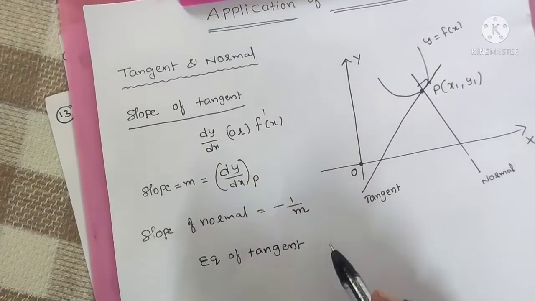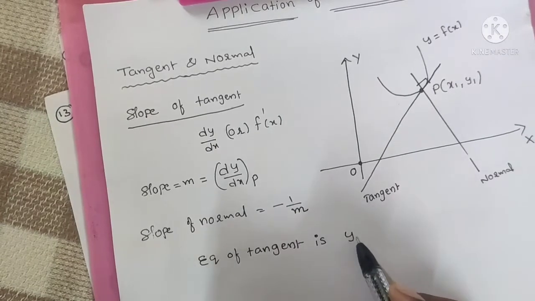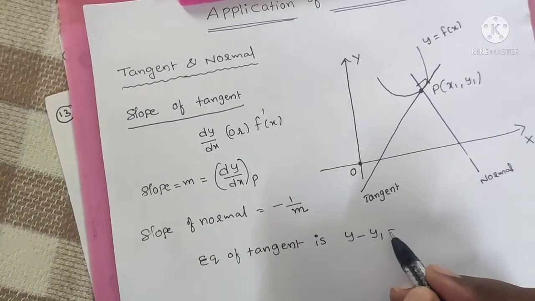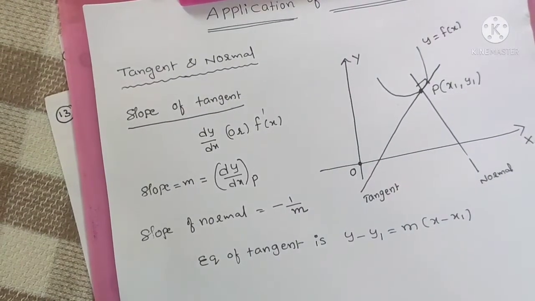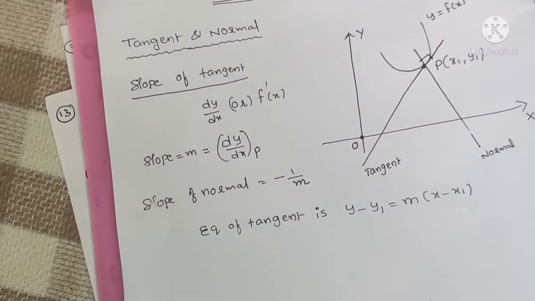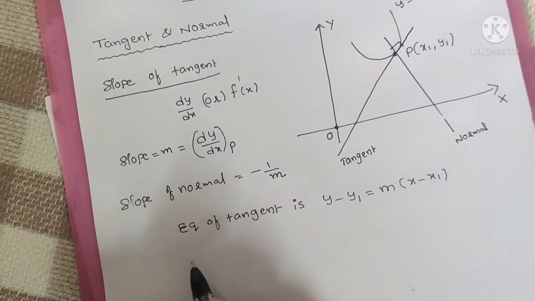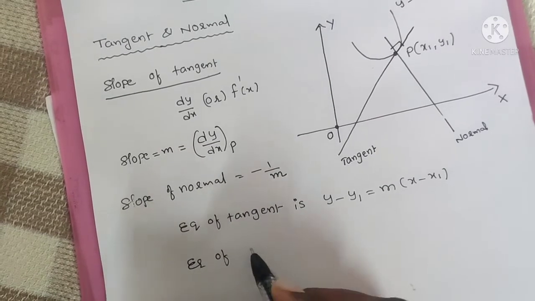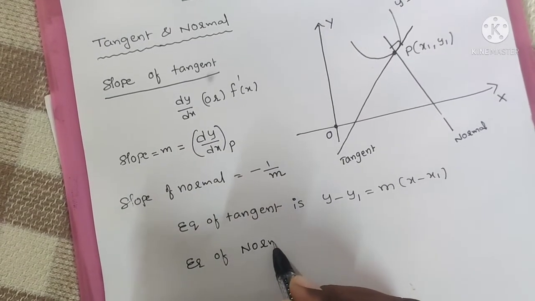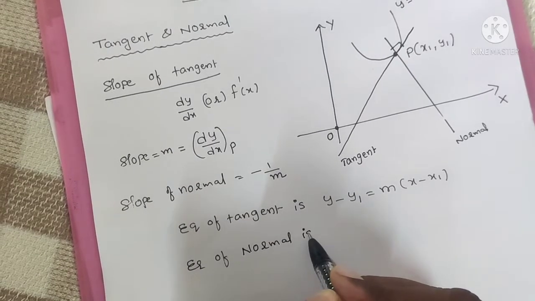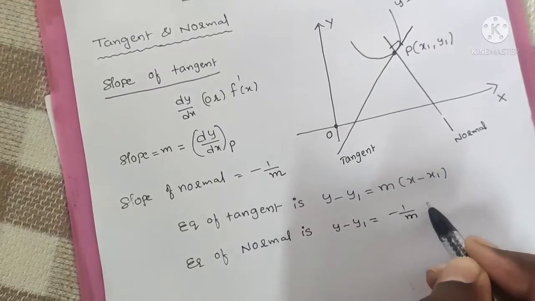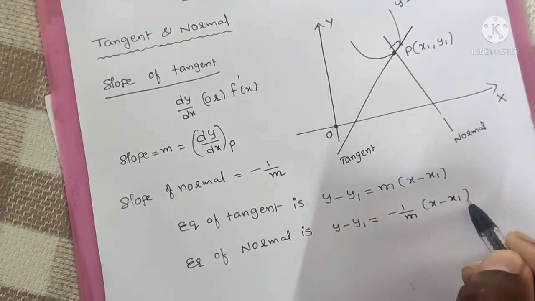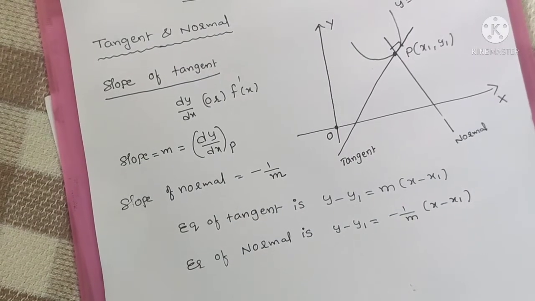Equation of tangent is y minus y1 is equal to m into x minus x1. Next, the formula for equation of normal is y minus y1 equals minus 1 by m into x minus x1.